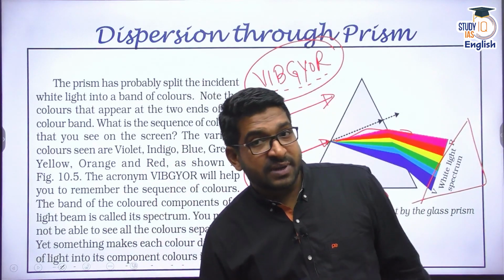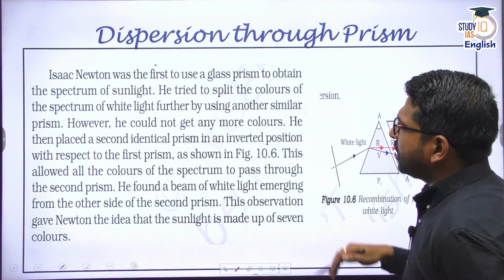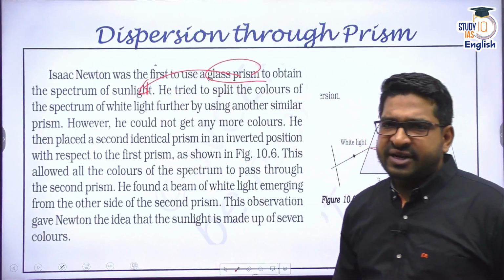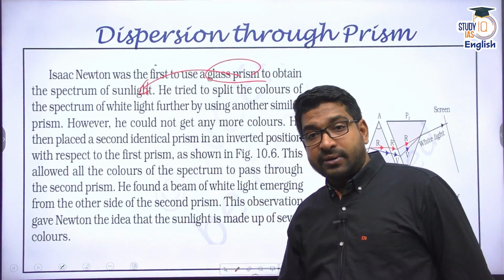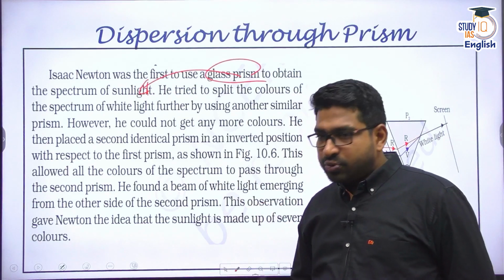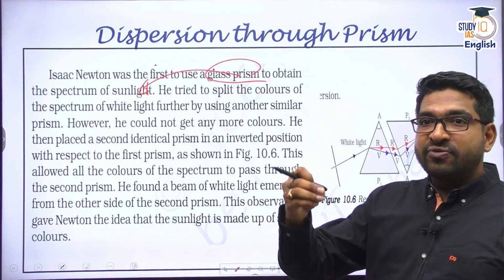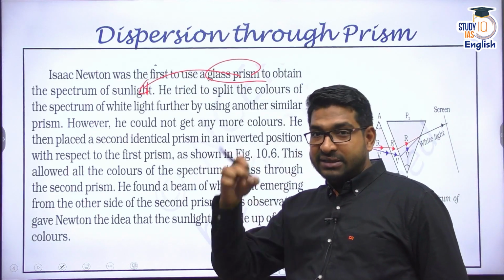That was not possible, and this experiment was conducted by Isaac Newton. He thought that if a glass prism is able to give me the spectrum of sunlight, which gives me seven colors, can I go further? Through another prism, can I see the constituents of red light, yellow light, or other colored light?